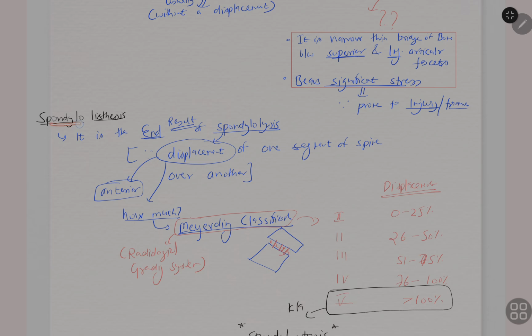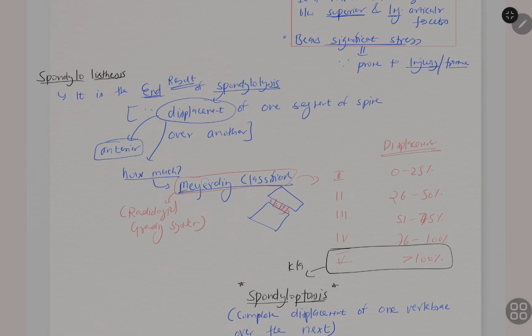This is known as spondylolisthesis. It is commonly seen as the end result of spondylolysis, meaning a displacement of one segment of the spine over another, anterior displacement.